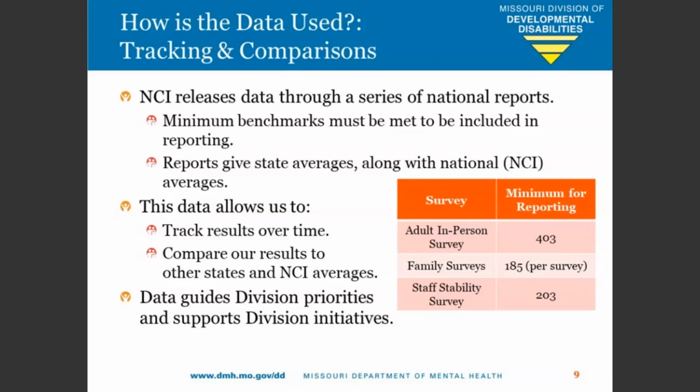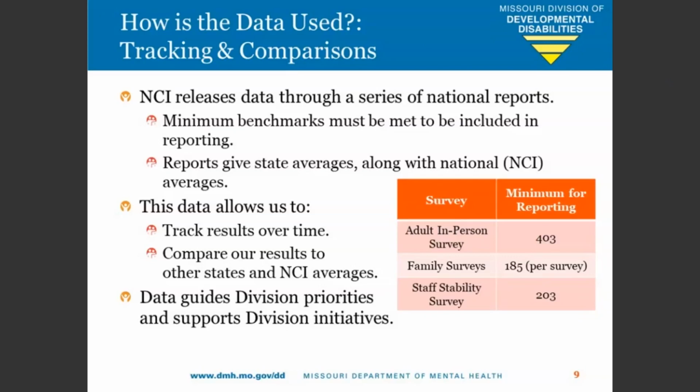So then NCI releases their national reports. They have the averages for each state along with the NCI averages, which is the national average.